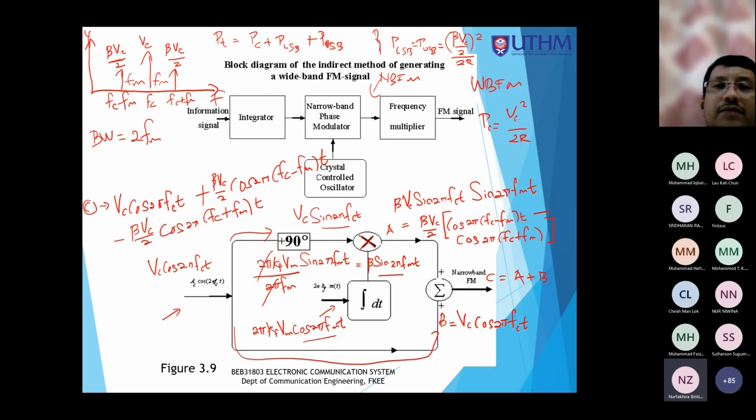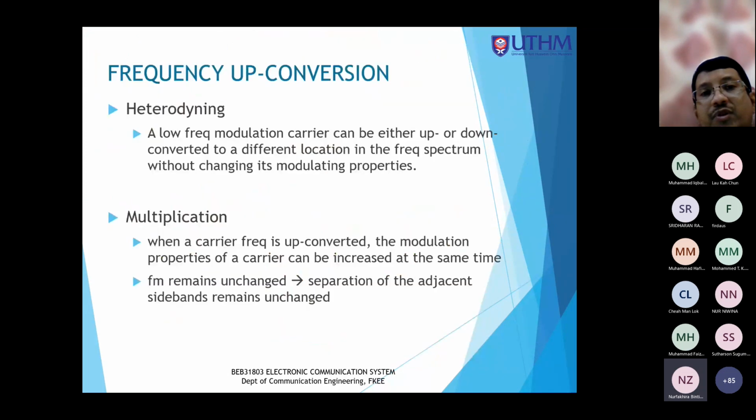So we need to add an additional frequency multiplier. We need to increase the frequency from narrowband to wideband. The process is what we call up conversion. Up conversion means that we increase the frequency.